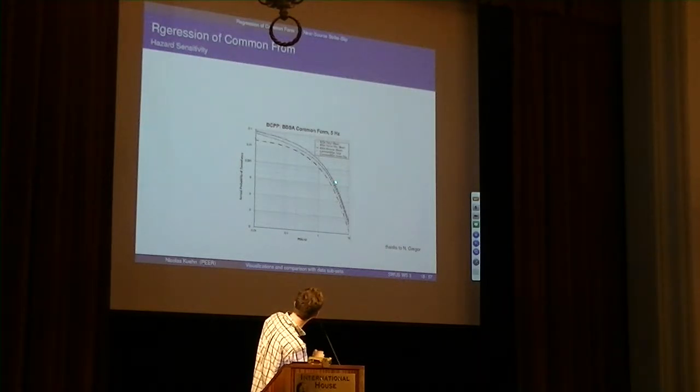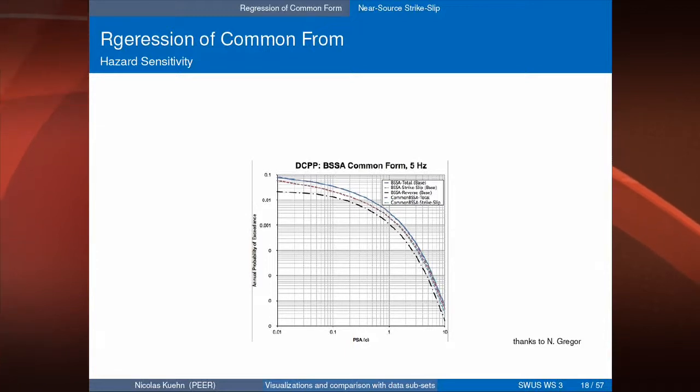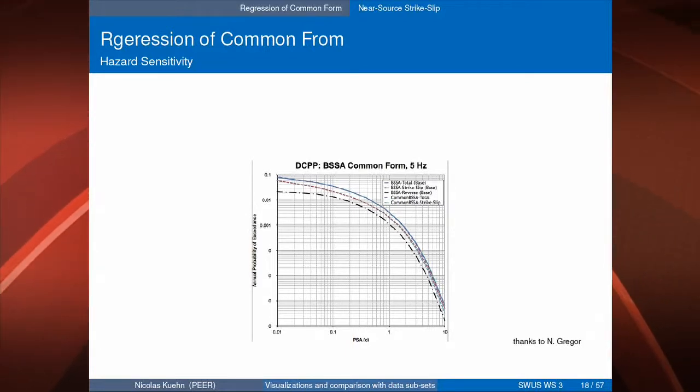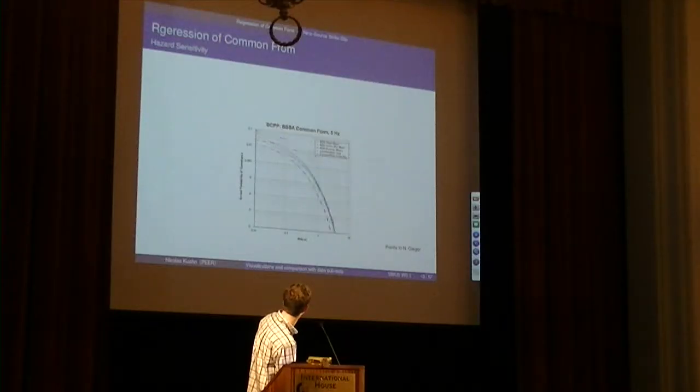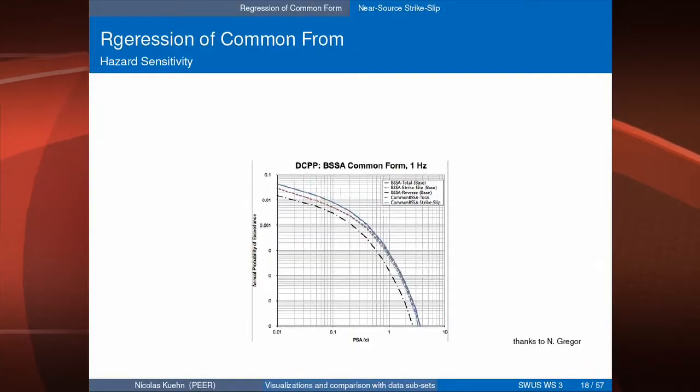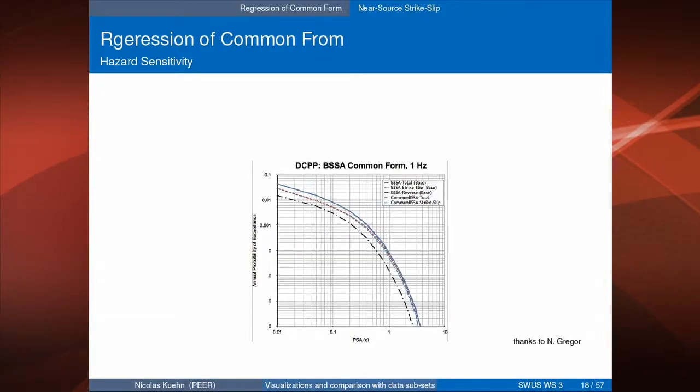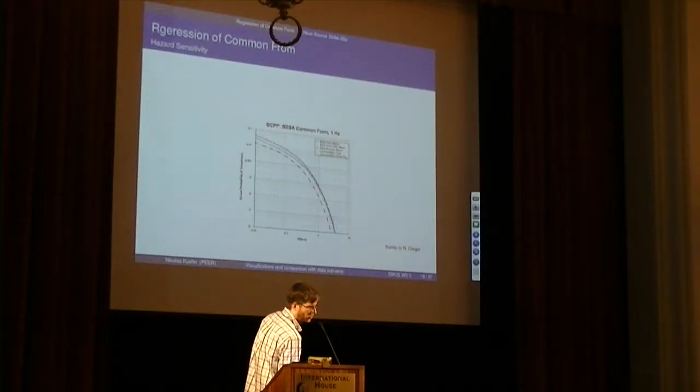And here we see some differences popping up again at really low exceedance rates. And again, if you look closely, you can see some differences, even here between the red and the green curve.